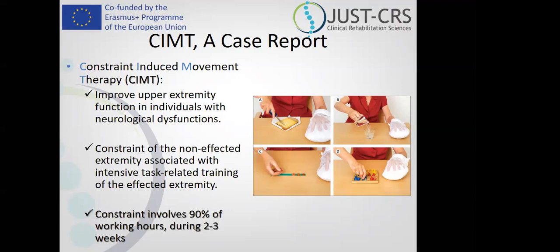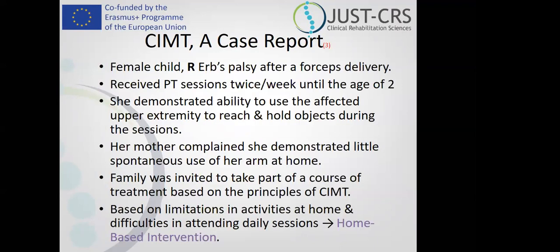The case report is a female child with right Erb's palsy after a forceps delivery. She received PT sessions twice a week until the age of 2, and then she reached a plateau. She demonstrated an ability to use the affected upper extremity in reaching and holding objects during the sessions, but her mother complained that she demonstrated little spontaneous use of her arm at home.